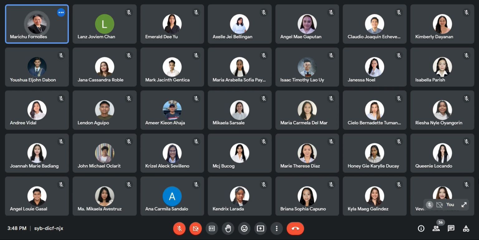For example, you as a student receive an offer from a call center to work with them as a call center agent with a monthly salary of 20,000 pesos per month. That's the entry level salary in a call center.